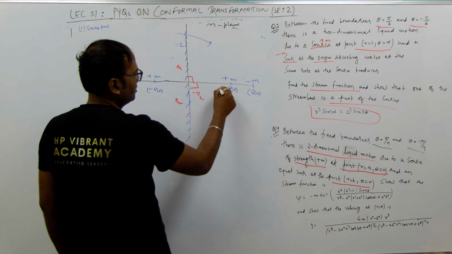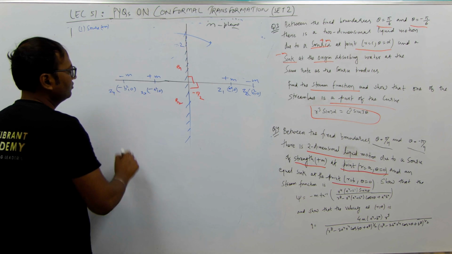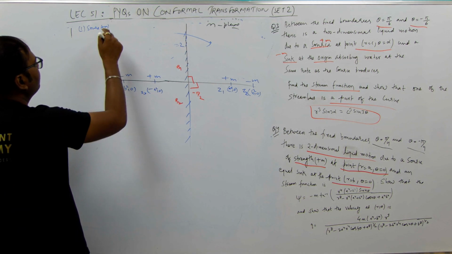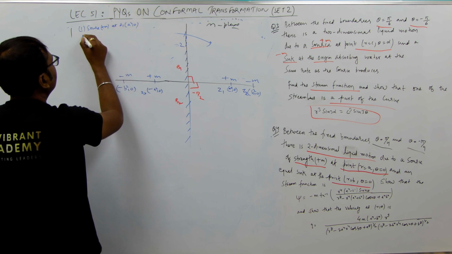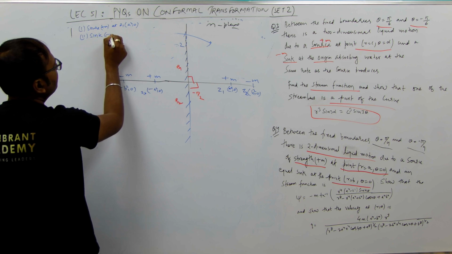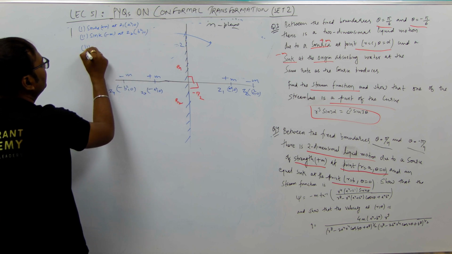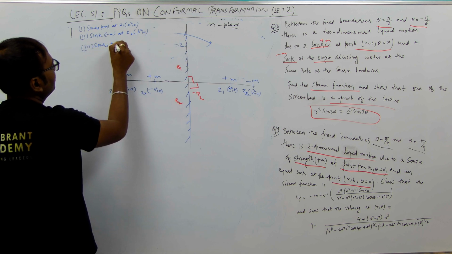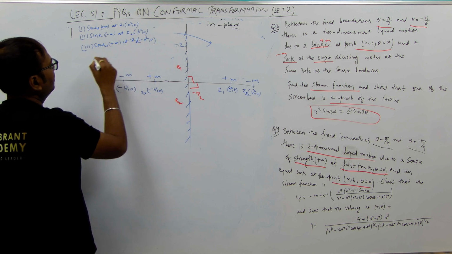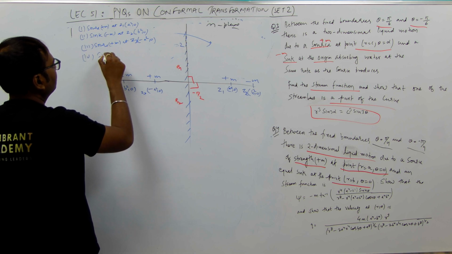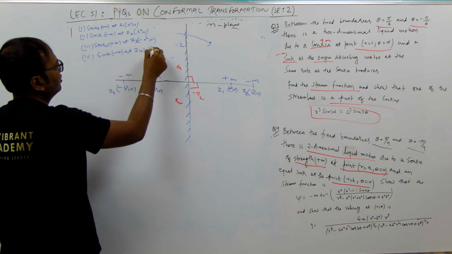Let us consider these points as Z1, Z2, Z3 and Z4. We have source plus m at Z1, a squared comma 0. Second, sink minus m at Z2, b squared comma 0. Third, source plus m at Z3, minus a squared comma 0, and sink minus m at Z4, minus b squared comma 0.